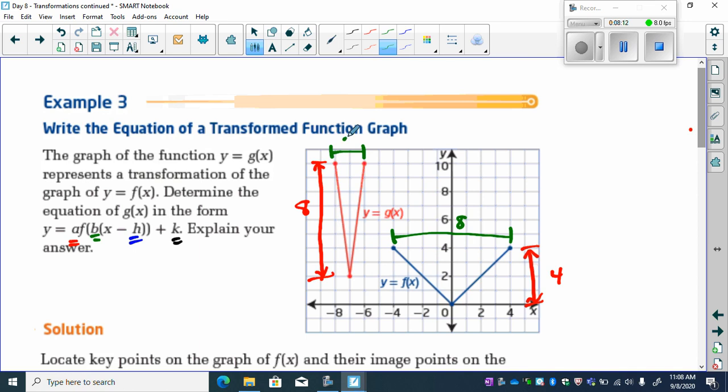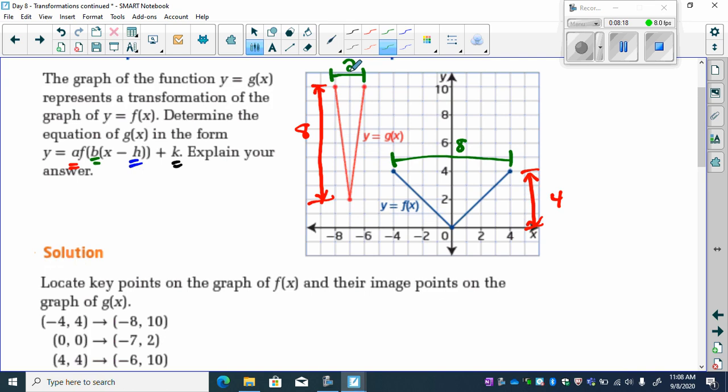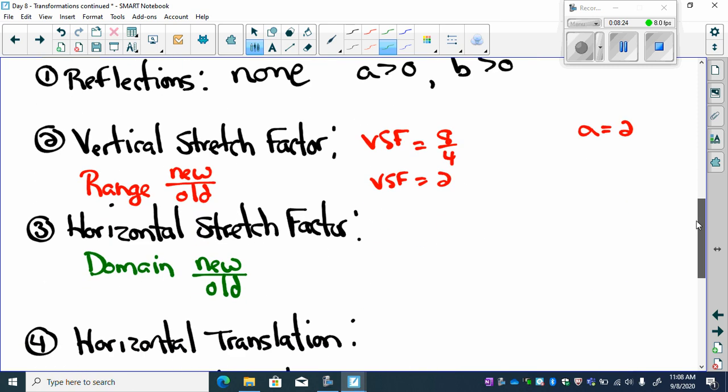That is only 2 units wide. And remember, it's the new domain over the old domain. So it's going to be 2 divided by 8. This is the horizontal stretch factor. It's 2 over 8, or the horizontal stretch factor is going to be 1/4, or 0.25.